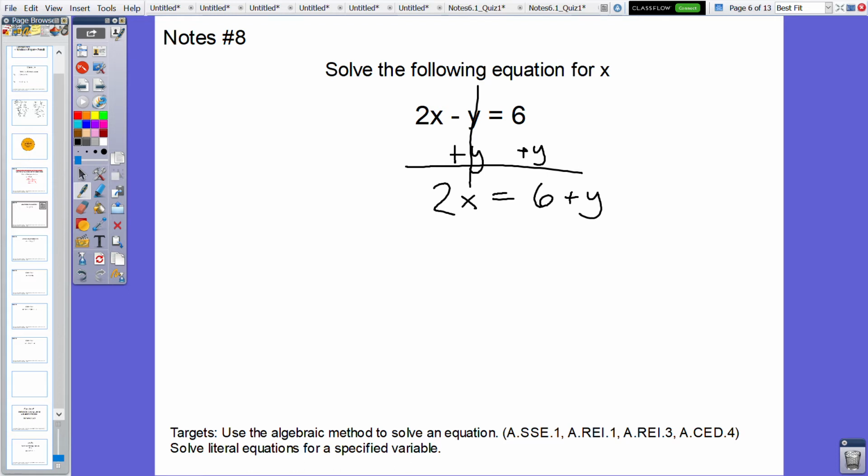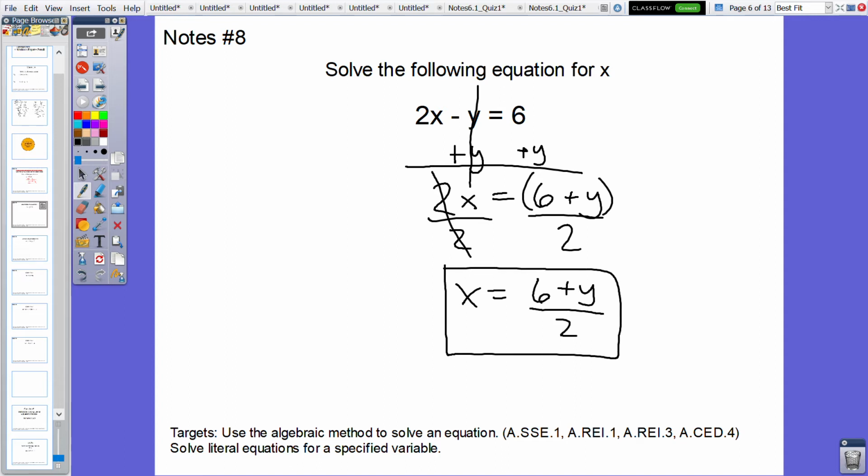But in this case, when we go to divide both sides by 2, we want to divide everything, this whole sum here, by 2. So we're going to put this in parentheses, divide everything by 2. My 2's on the left side are going to cancel. I get x is equal to basically the sum of 6 and y divided by 2. Okay, so that's how we would define the original equation in terms of x.